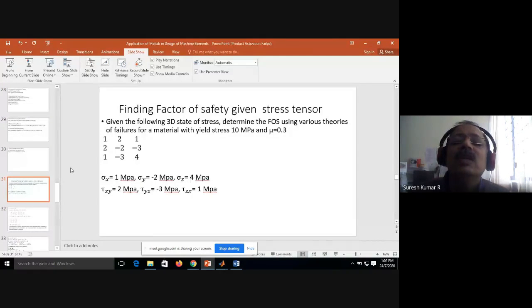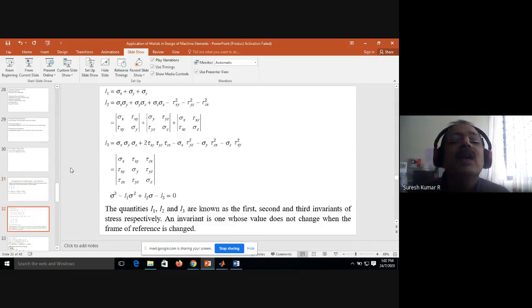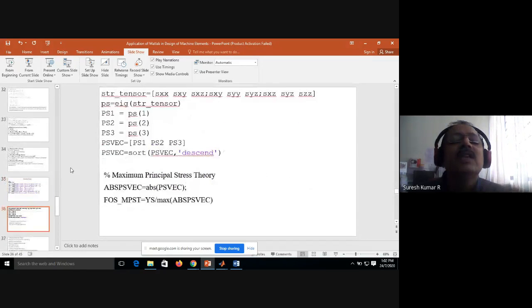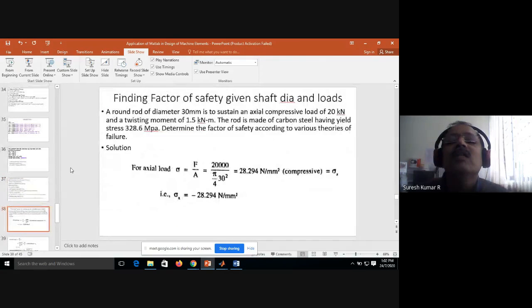Then given the stress tensor, that means the 3D state of stress, and also the material properties in the form of sigma E and mu, again we could predict the factor of safety. And as a third case, when the diameter of the shaft and axial and torsional loads were given, we again determined the factor of safety, both by the conventional method and by the MATLAB code implementation.